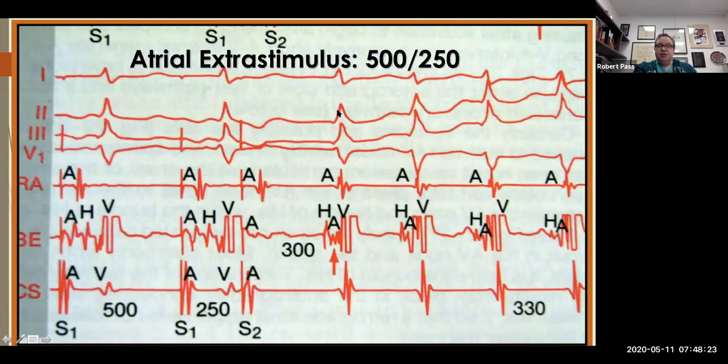And so this is an example of a short RP tachycardia, the most common one being AVNRT. Does that make sense?